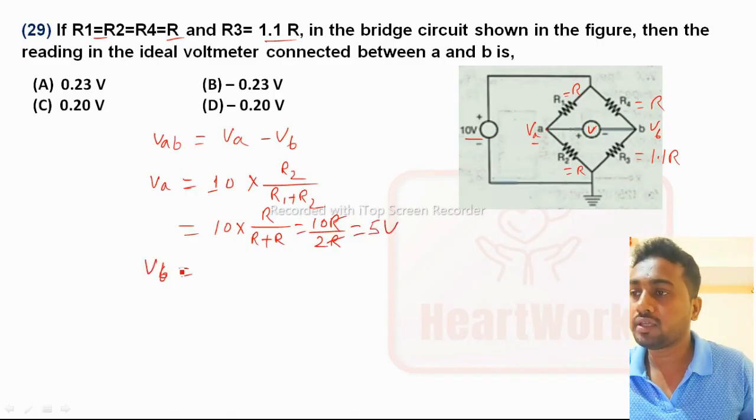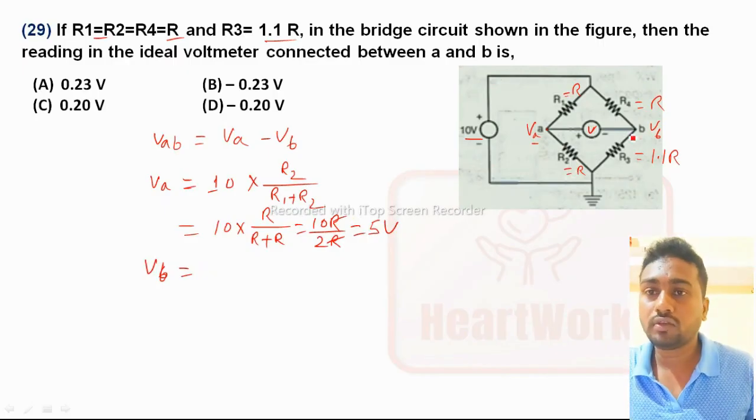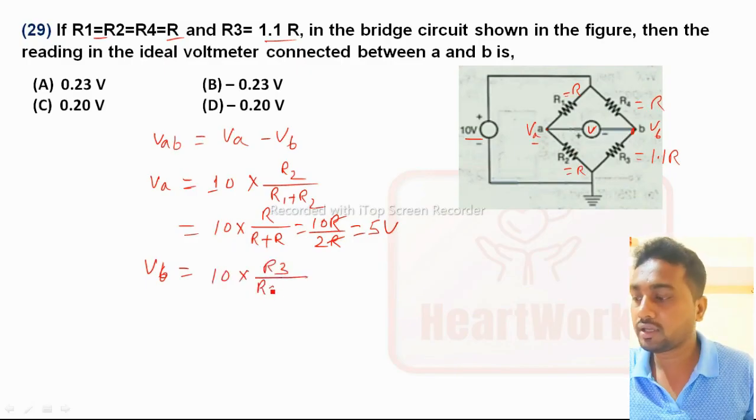Likewise we have to find VB also. We apply the voltage divider rule for VB. VB is 10 into R3 divided by R3 plus R4.